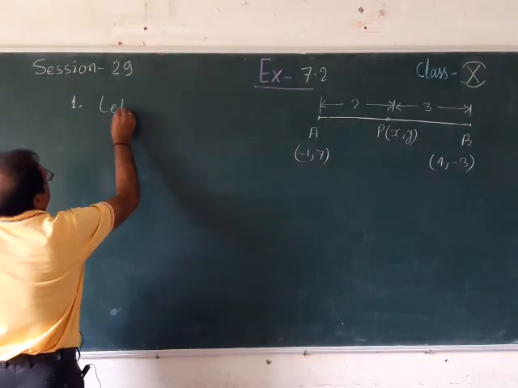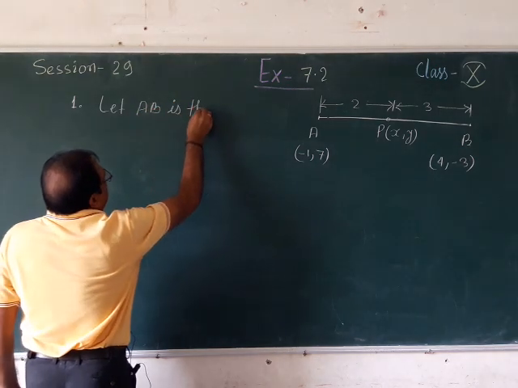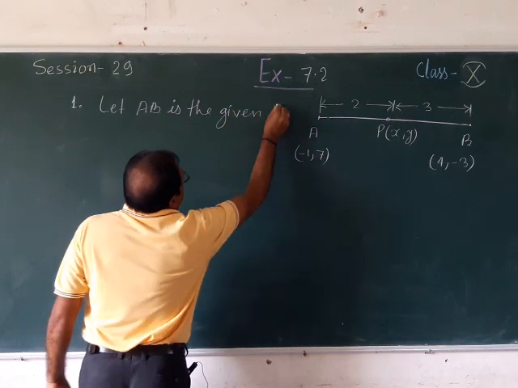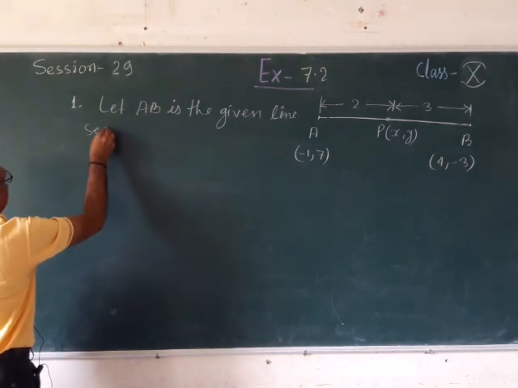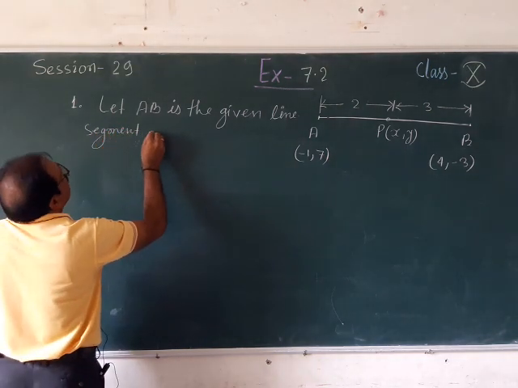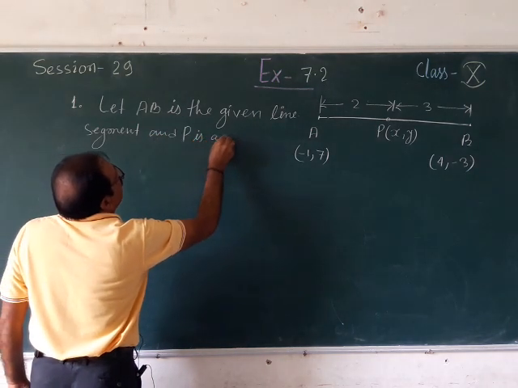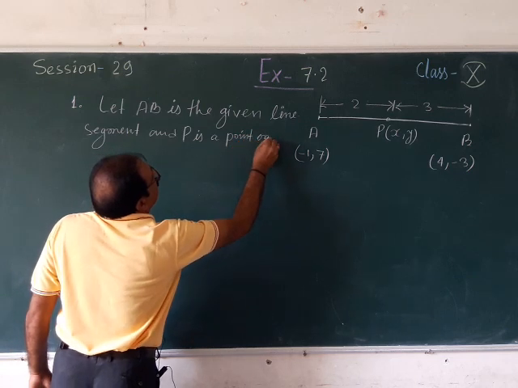Let AB be the given line segment, and P is a point on it.